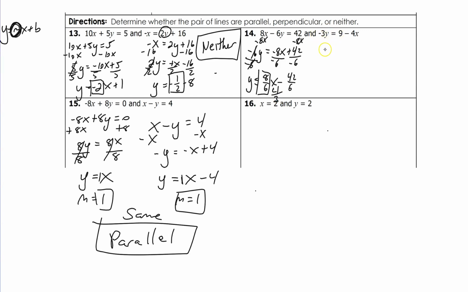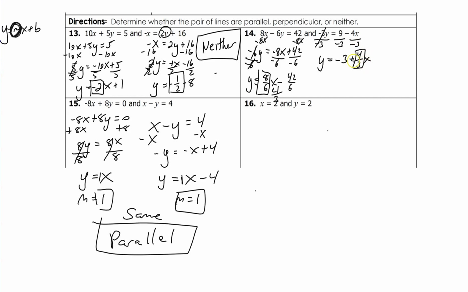All right, so let's go ahead and look at this. We are going to divide by negative 3. Divide by negative 3. These go away. So I have y equals negative 3 plus 4/3 x. Well, this is my slope, right?